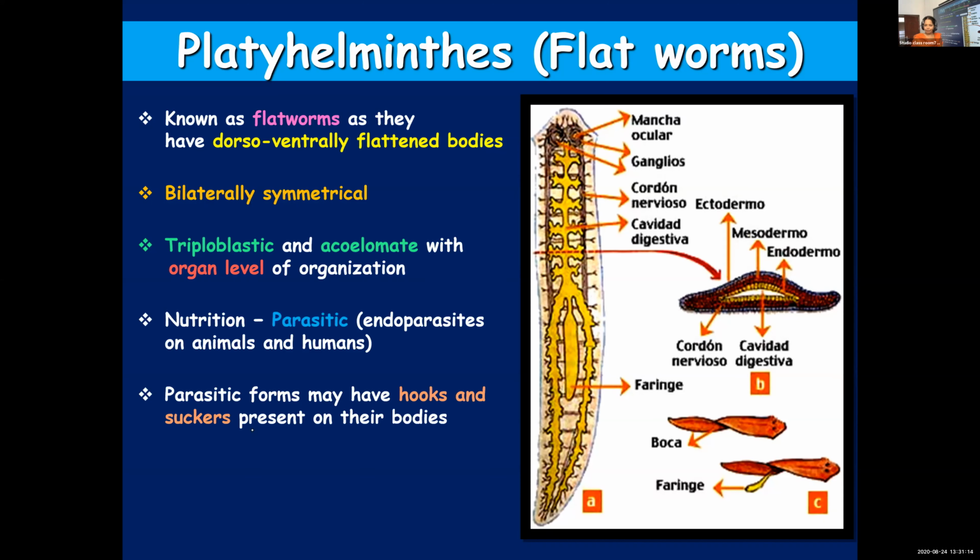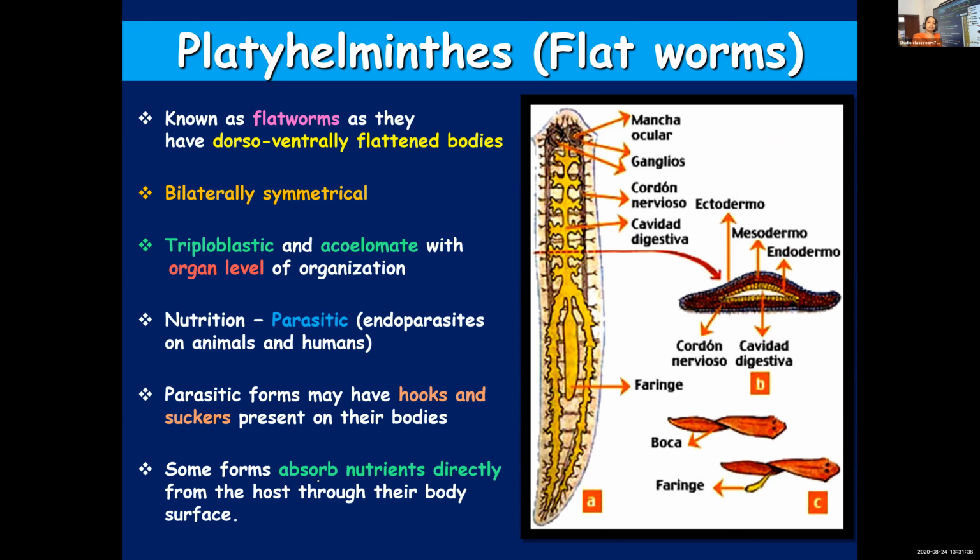And the parasitic forms, to be noted, all the organisms coming under platyhelminthes or this animal phylum are not parasitic. Those which are parasitic have hooks and suckers to take nourishment or to get attached to the body of the host. And some of them can absorb nutrients directly through their body surface, just like in the case of lice and ticks.